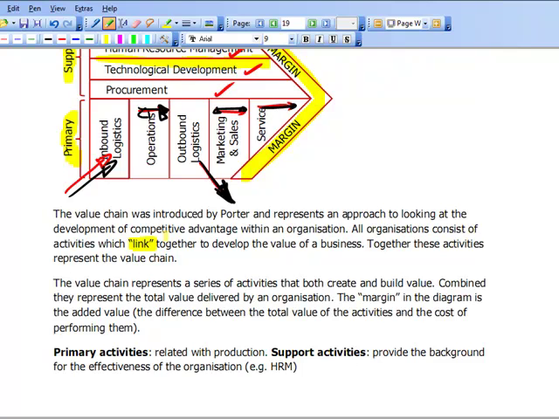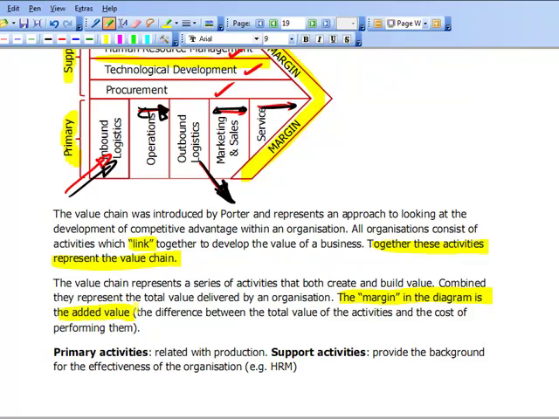If you have a chain around your neck or a bracelet, they're made up of little links. Together these different activities represent the value chain. As I said before, the margin in the diagram is the added value, which is the difference between the total value of the activities and the cost of performing them.